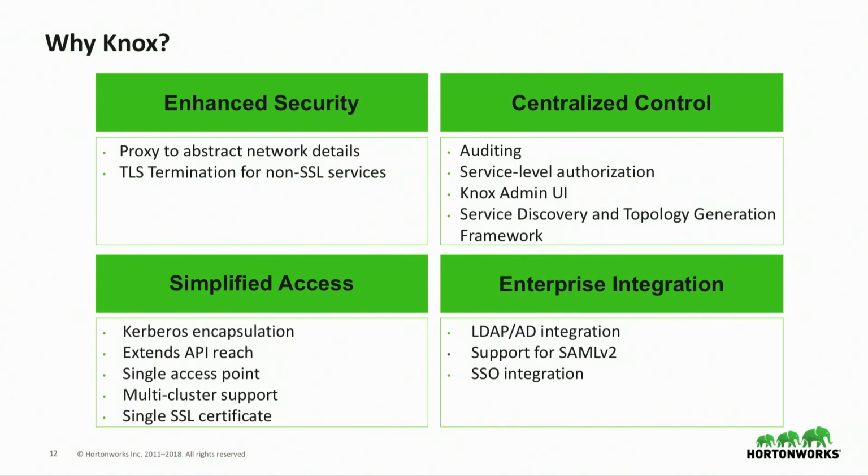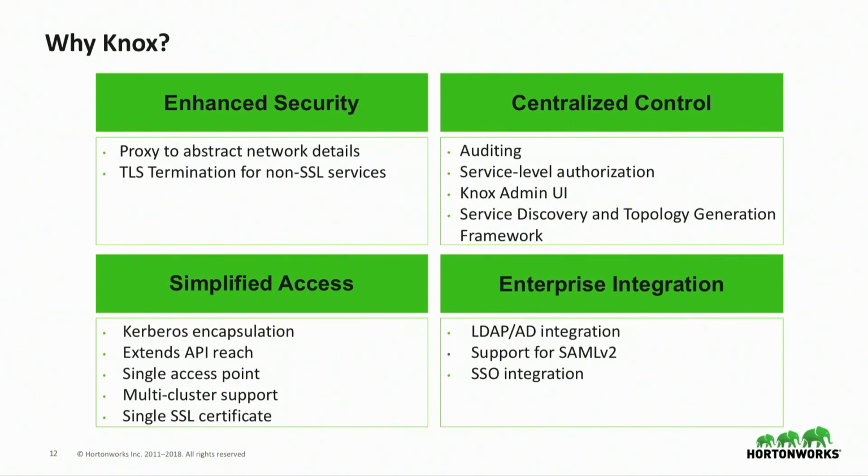So why Knox? I've covered most of the features in this table, but one that would be of some interest to you would be the TLS termination for non-SSL services. If you want to avoid the performance penalty associated with wire encryption, what you can do is configure Knox to serve as a TLS termination point and not worry about setting up wire encryption for your cluster.